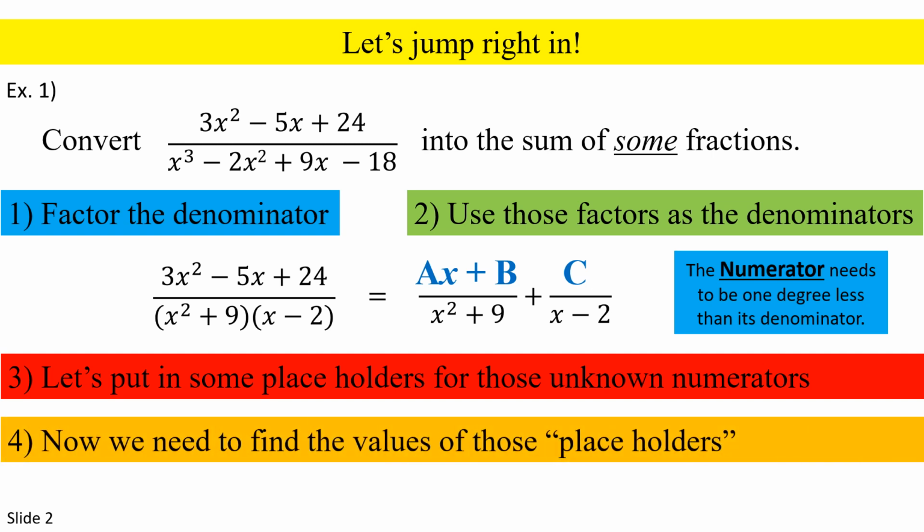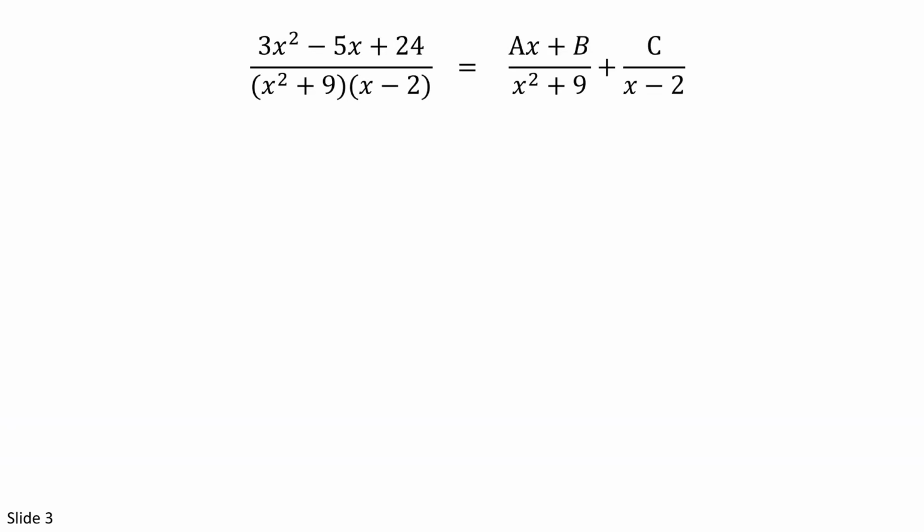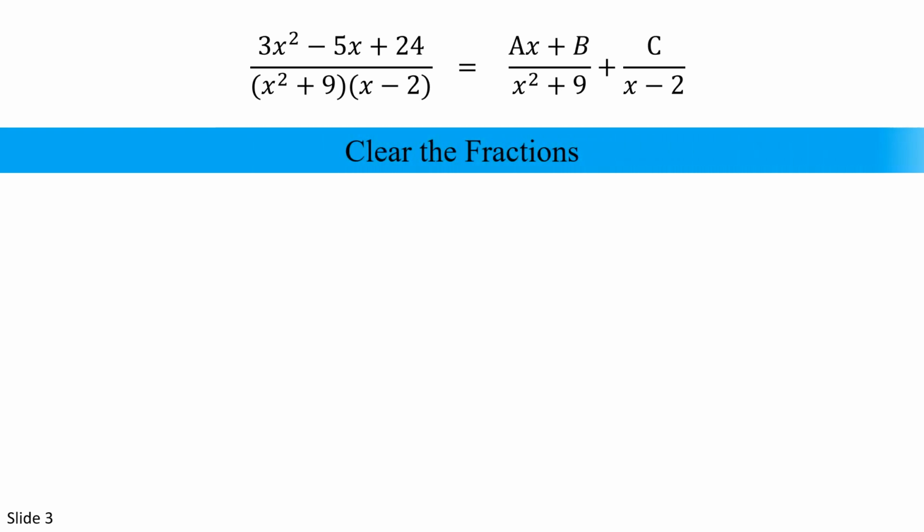Now we need to find the values of those placeholders, just like before. So the first thing we need to do is clear the fractions. We're going to take the whole equation and multiply it by the x squared plus 9 times x minus 2 over 1.